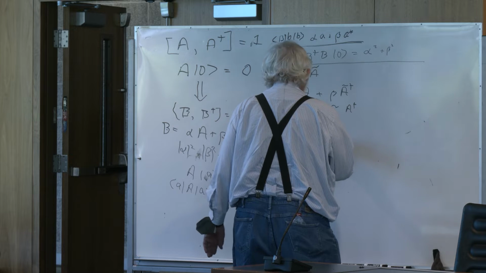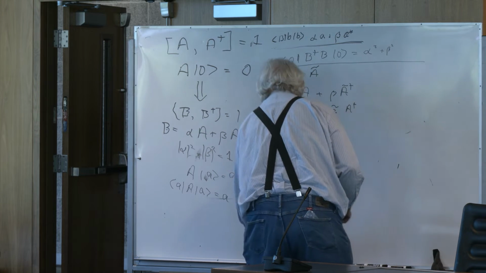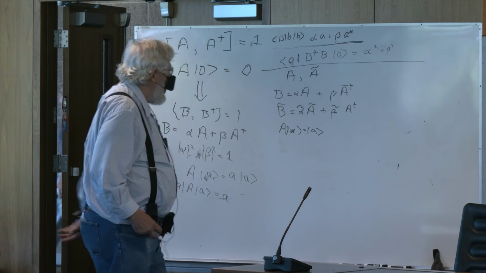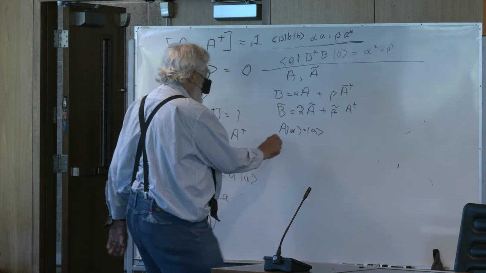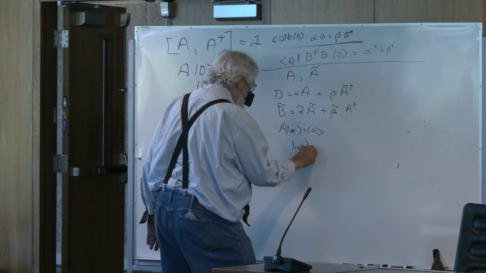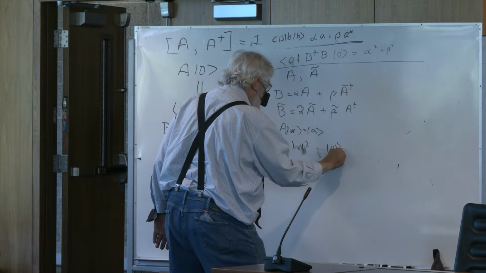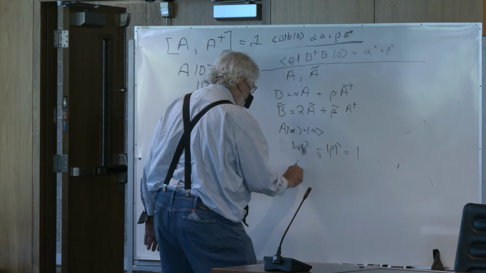Basically, oh, I didn't want to do that right now. First thing is if I do the commutation relationships on these guys, I get that alpha squared minus beta squared, just as before, equals 1.